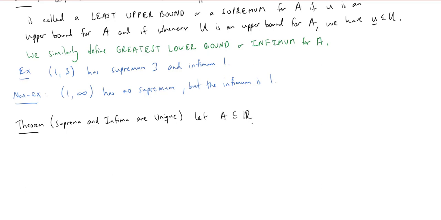Let's say you take some subset A of the real numbers. And first, we'll just consider if it's upper bounded. So if A is upper bounded, there'll be a similar statement. We'll just write respectively lower bounded.